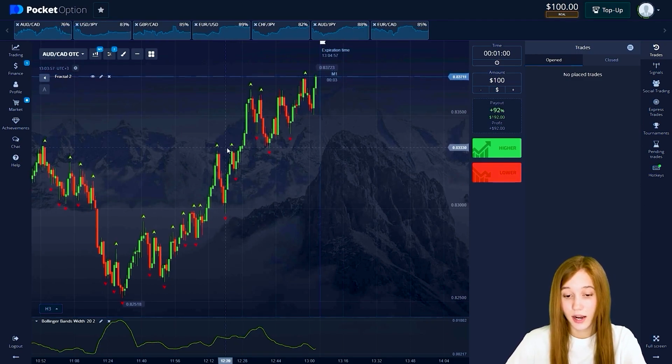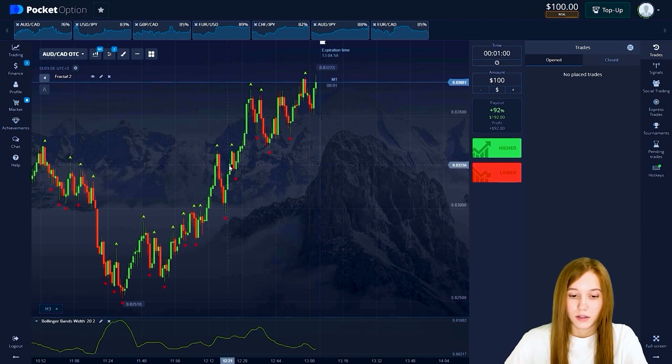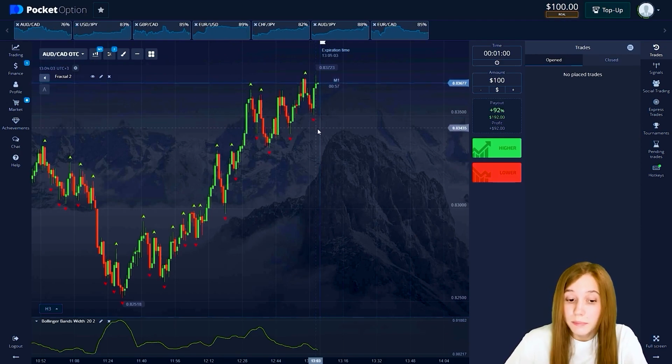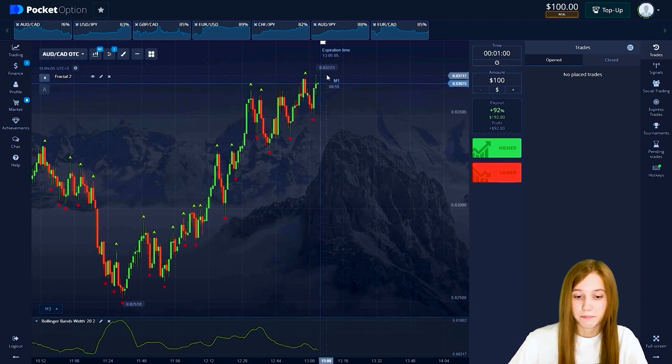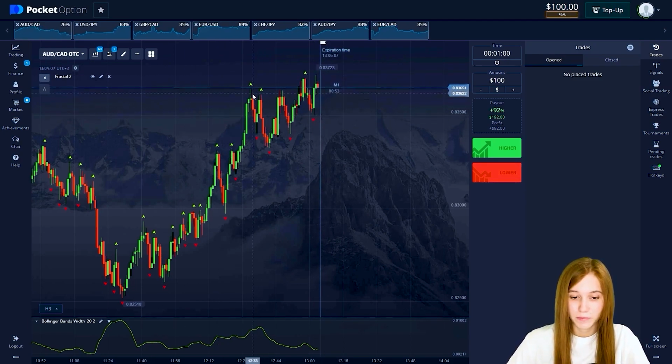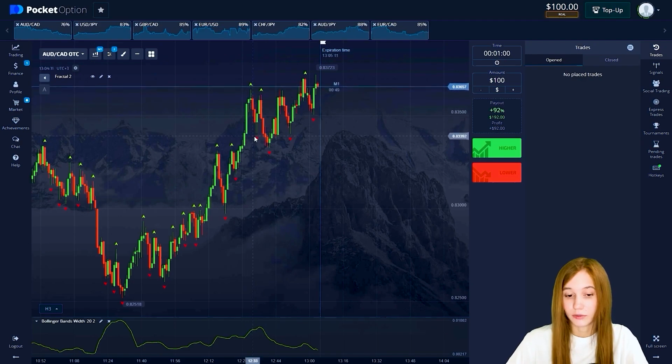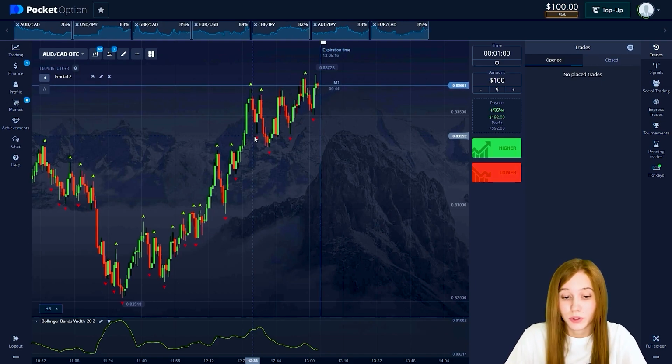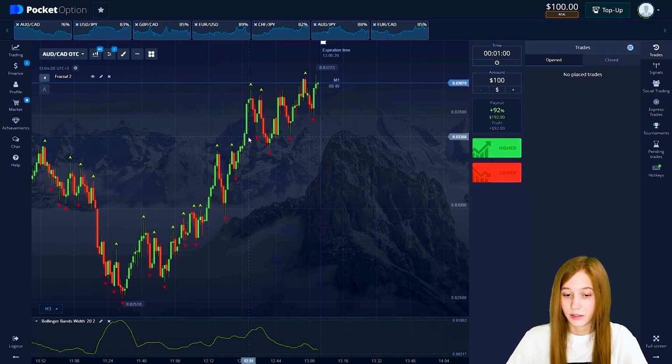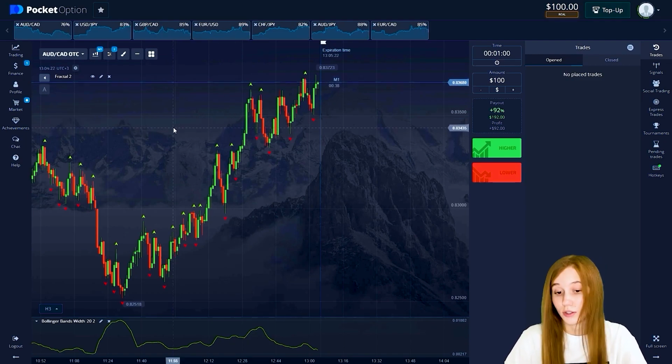Red is down. It's a very simple indicator, so to say. If a fractal forms from below, the chart is more likely to go down, and vice versa. So it is very simple to understand this indicator and use it also.